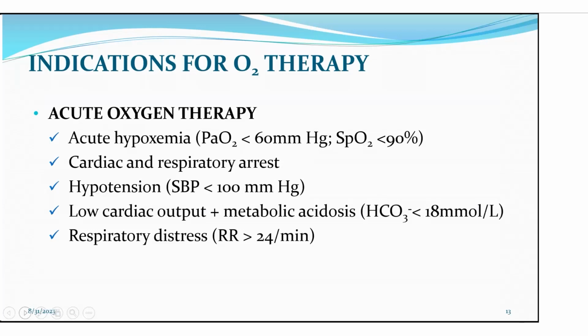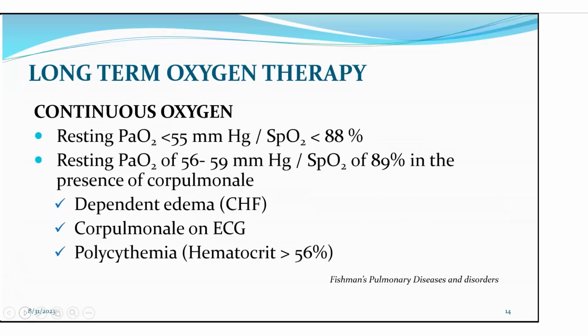Then cardiac and respiratory arrest, hypotension, where the blood pressure is less than 100 millimeters of mercury, low cardiac output plus metabolic acidosis, and even respiratory distress, where we have a respiratory rate of more than 24 breaths per minute.